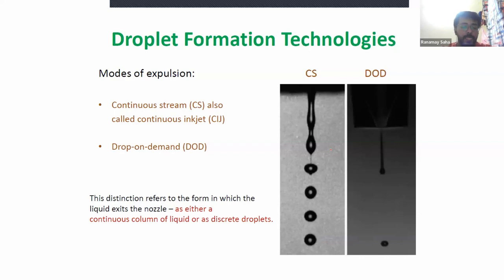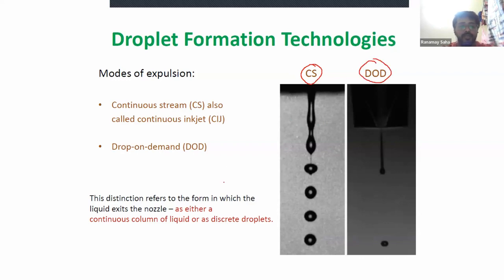Right? So that is a particular matter of concern sometimes, how the droplets are being deposited. There are two modes of expulsion. One is continuous mode, CS, and the other is drop on demand mode, DOD.